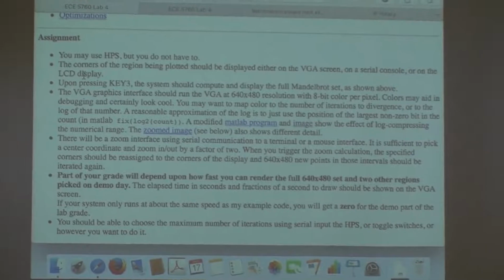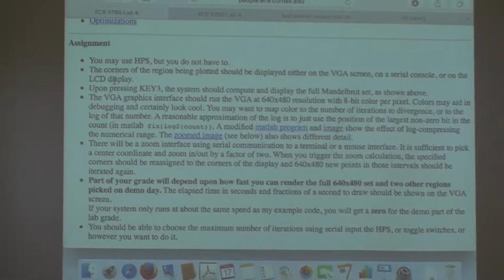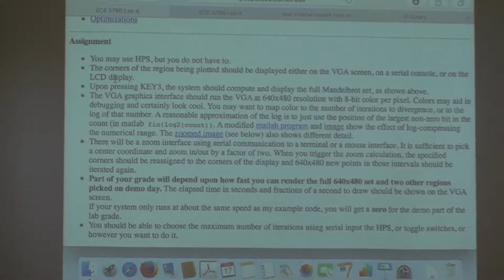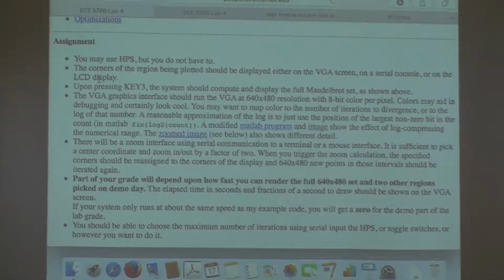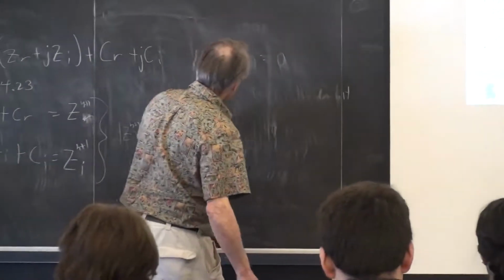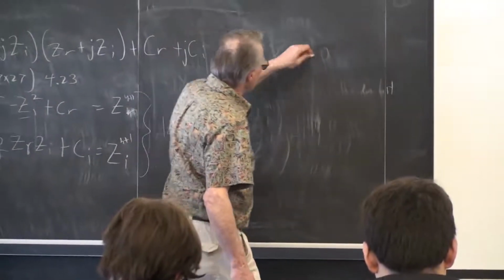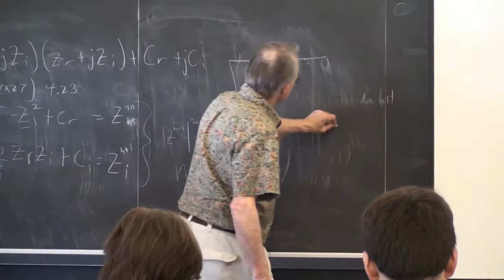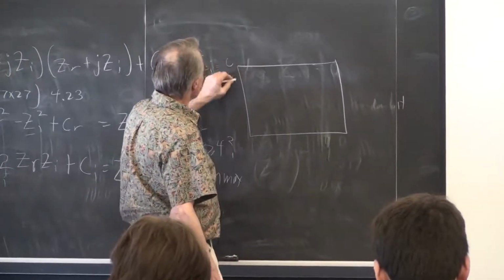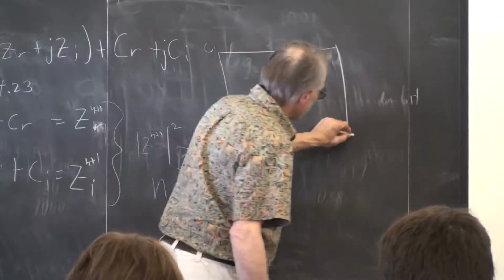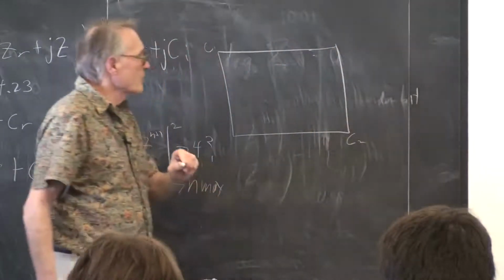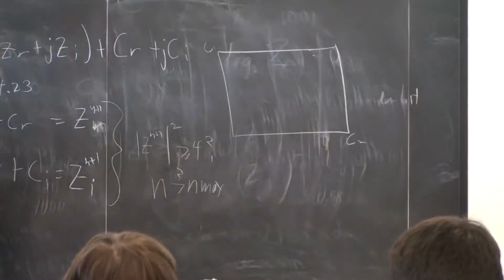I want a minimum of this corner C1 and this corner C2 so that you can tell where you are in the data set.